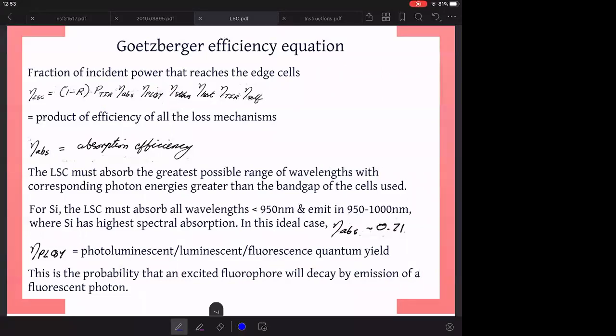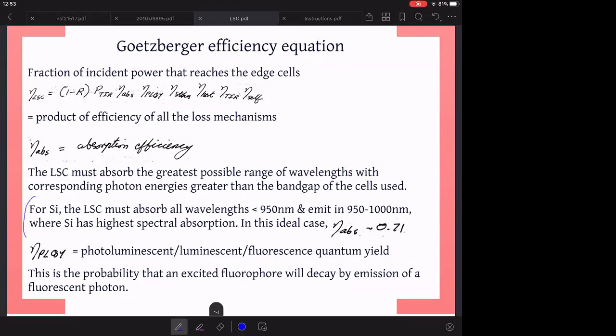For that, the LSC material, the molecules, must be designed to absorb the greatest possible range of wavelengths with photon energy greater than the band gap of the cells used. The solar cell itself cannot absorb light whose energy is less than the band gap, so the re-emitted light has to be at wavelengths that correspond to energies greater than the band gap. A good example is silicon.